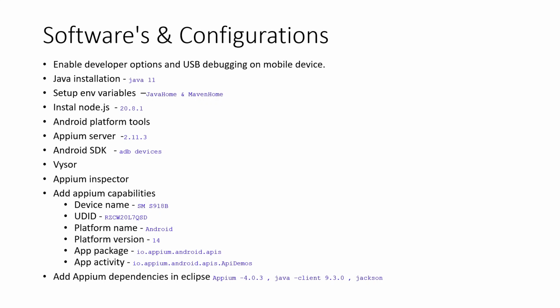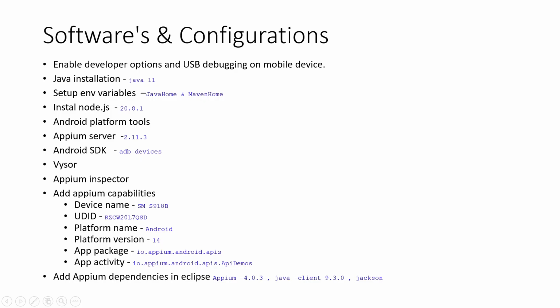Then we can add the capabilities, where we define the capabilities for Appium to interact with the mobile application, like the device name, UDID, platform name, platform version, app package, and app activity. We have to ensure that the necessary dependencies are added in our project in the pom.xml.